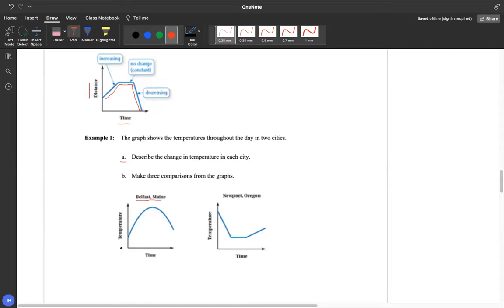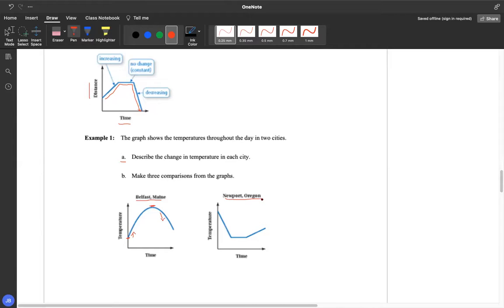Well, the change in temperature, so it starts in the lower part and then it increases, till it's way at the top, about at the top, then the temperature decreases at the end of the day. Exactly right. And so what about Newport, Oregon?